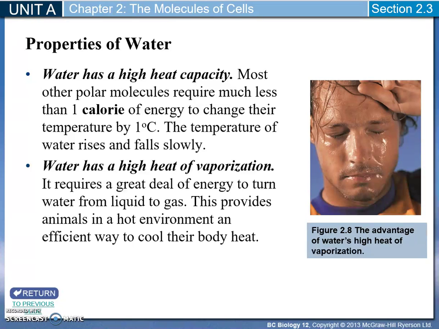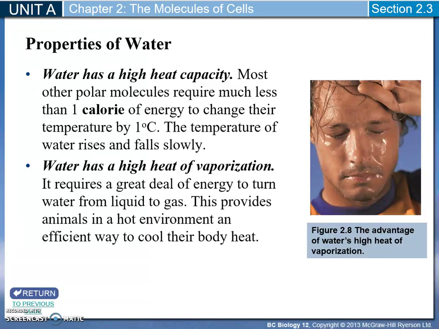Water has a high heat capacity, and that means that it requires a fair amount of energy in order to raise its temperature. 1 calorie is actually defined as the amount of energy required to raise 1 gram of water by 1 degree Celsius.